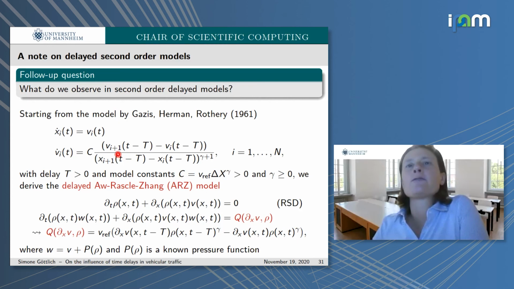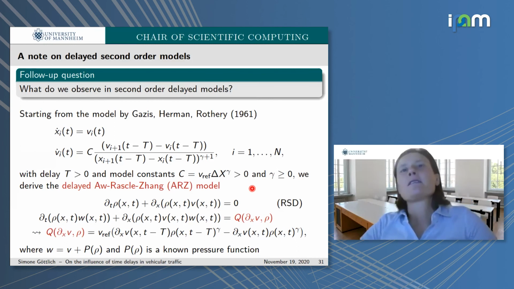Now we also have to take into account the difference between the velocity, including the delay, of vehicle i plus 1 and i. And here again, we have the difference between the locations of these two, and we have some scaling gamma plus 1. Again, we consider a uniform delay and model constants C and gamma, as I told you, where C is composed of some reference velocity or reference speed times some delta x to the power gamma.